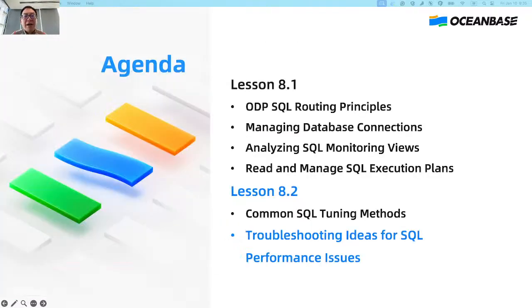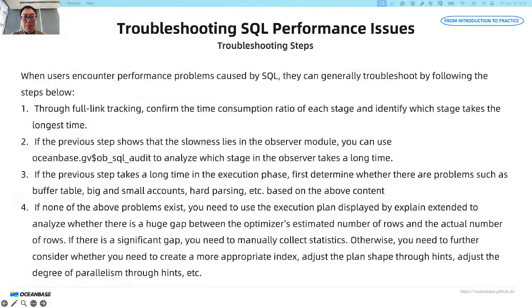The last part is the troubleshooting idea for SQL performance issues. Okay, let's move on. When users encounter performance problems caused by SQL, they can generally troubleshoot through the following steps.